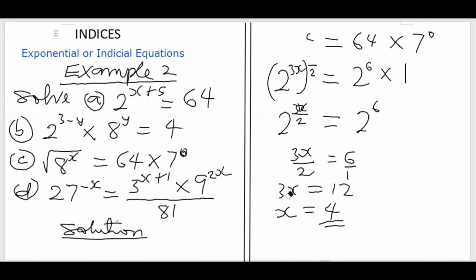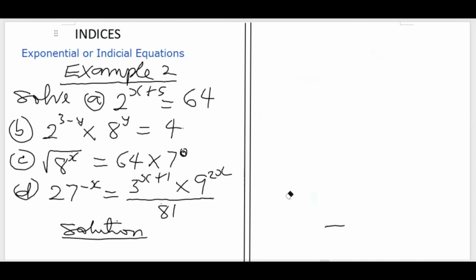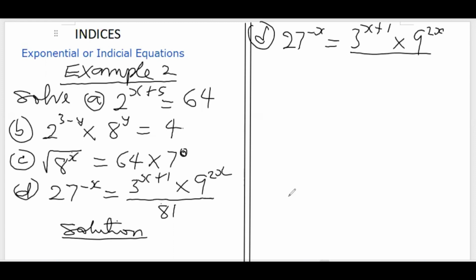And quickly, we want to solve the last one, that is example 2, which is the D part. In the D part, we have 27 to the power of negative x equals 3 to the power of x plus 1 times 9 to the power of 2x, all divided by 81.